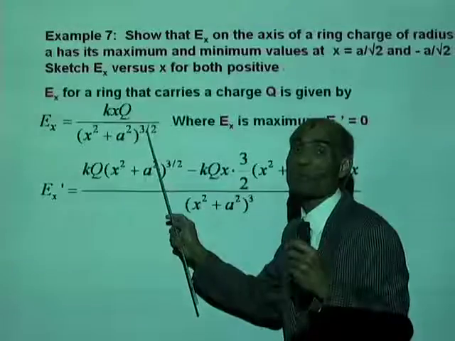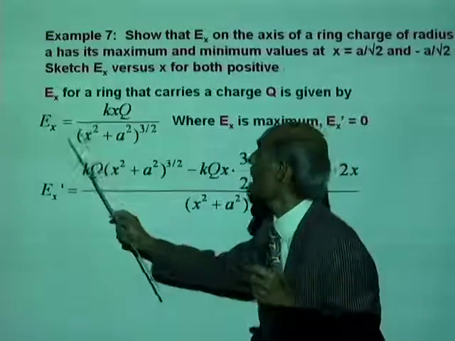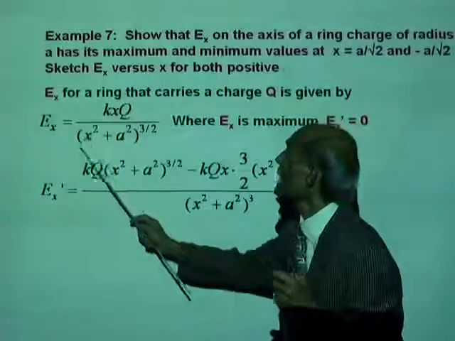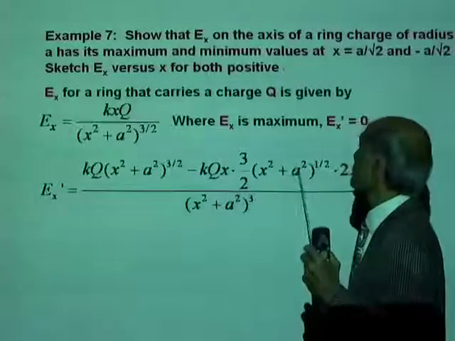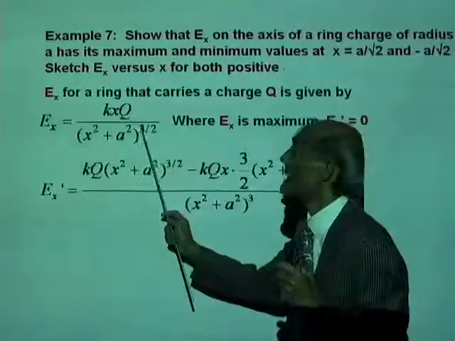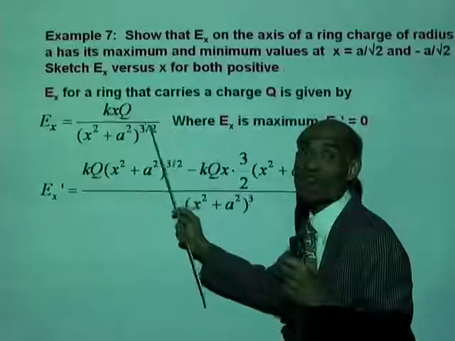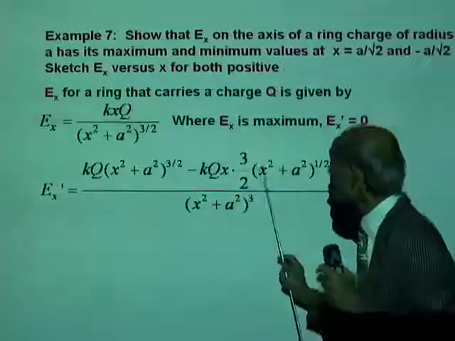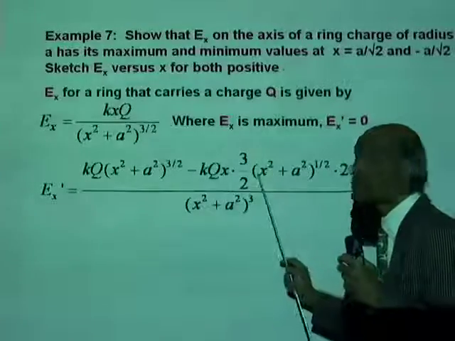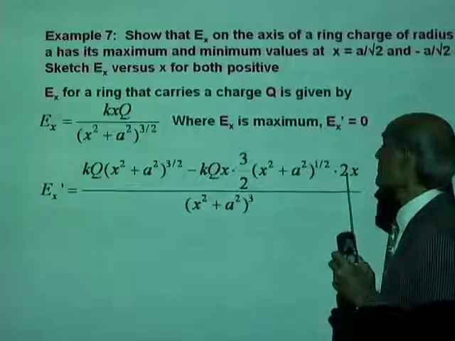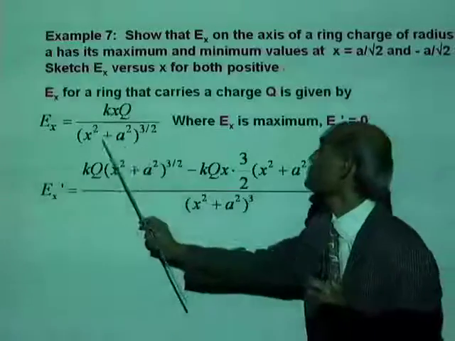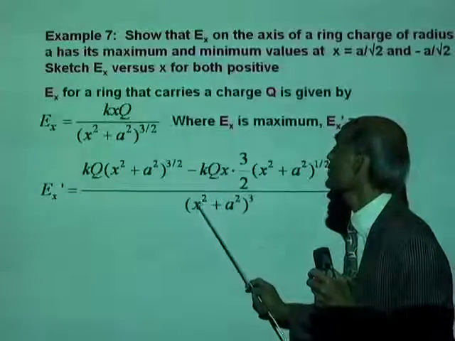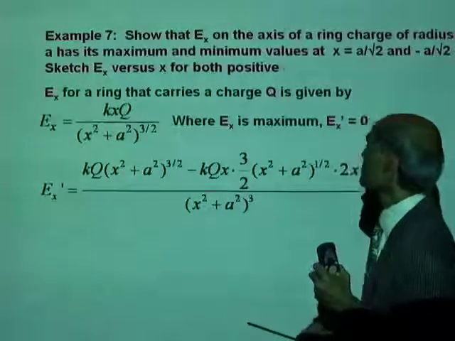The denominator is a power, so the derivative is the power multiplied by the quantity x squared plus a squared to the power of n minus 1. 3 over 2 minus 1 is 1/2, times the derivative of the quantity, which is 2x. All over the square of the denominator, which is (x squared plus a squared) to the power of 3.